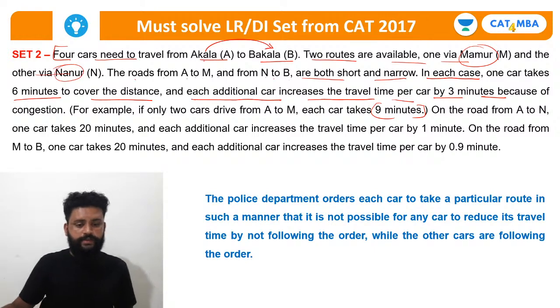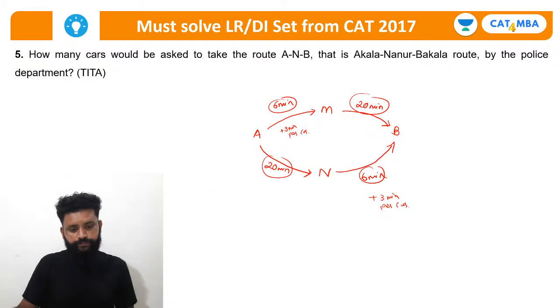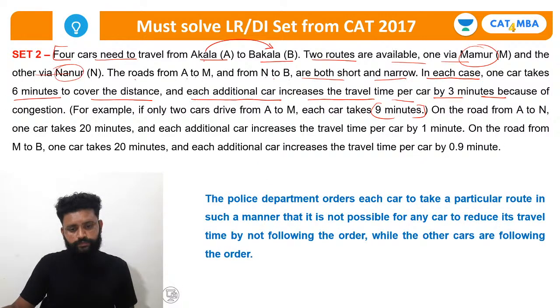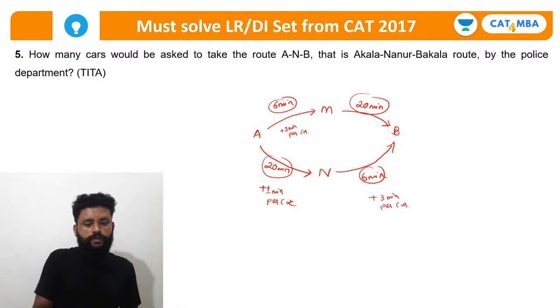Then A to N is 20 minutes and each additional car increases the travel time per car by 1 minute. Okay, plus 1 per car. And M to B is 0.9 minutes.